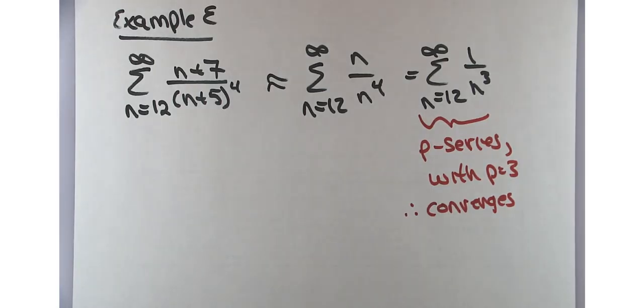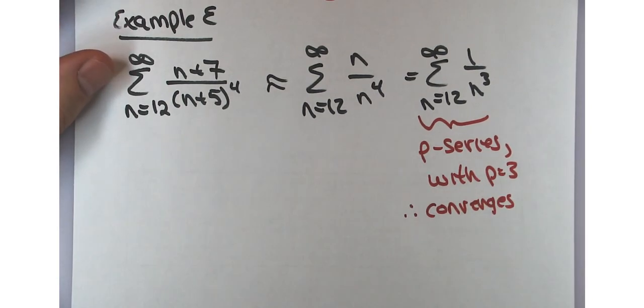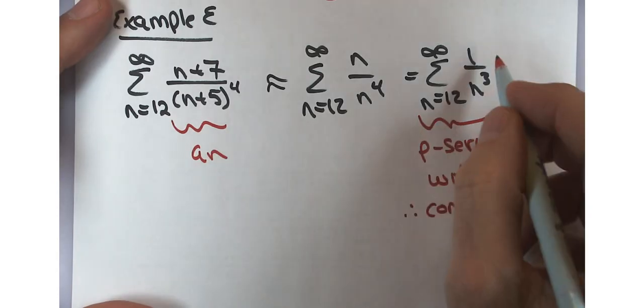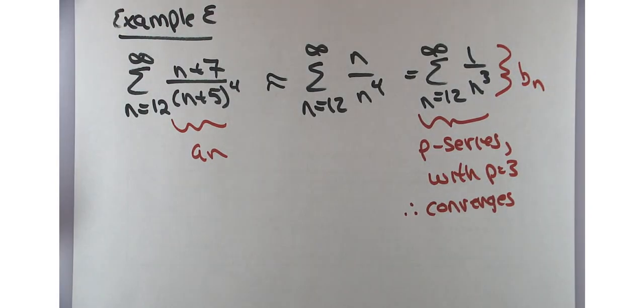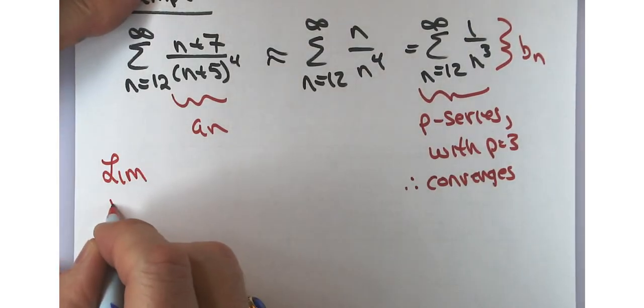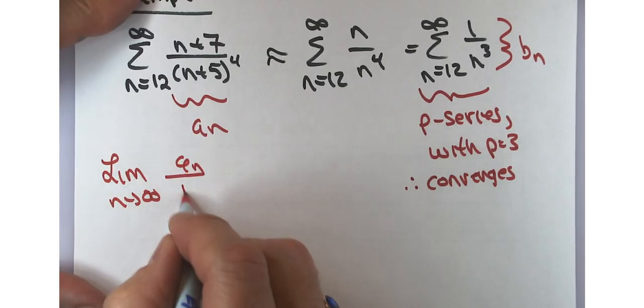So let's take a look at, I would do the limit comparison test personally. We'll call that my a sub n. This is my b sub n. Let's take a look at the limit as n approaches infinity of a sub n over b sub n.